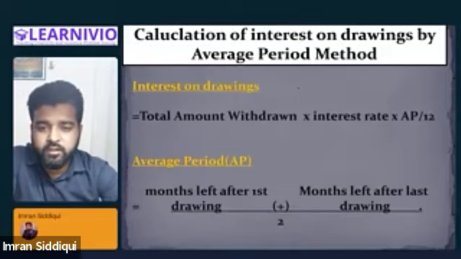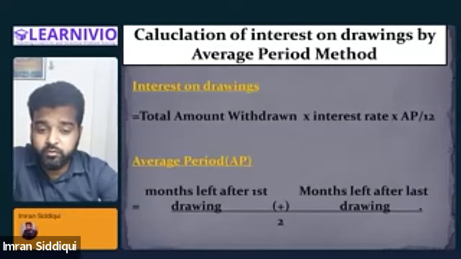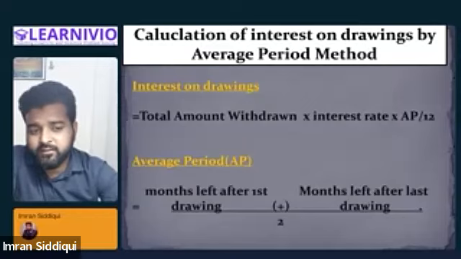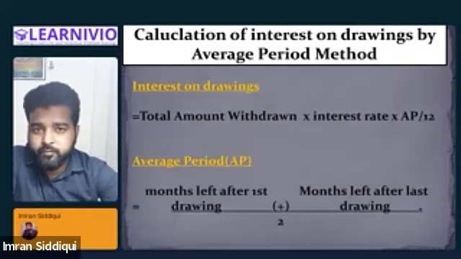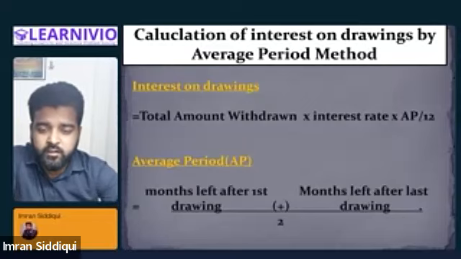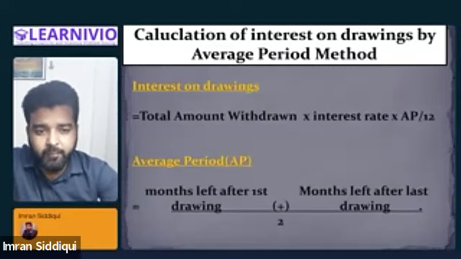It says calculation of interest on drawing by average period method requires, first of all, we'll calculate interest on drawing by applying this formula: total amount withdrawn into rate of interest into average period divided by 12. This is the basic formula to calculate the interest on drawing. Let me repeat it again. The formula is total amount withdrawn by the partner, multiplied by the rate of interest applicable on the drawing.